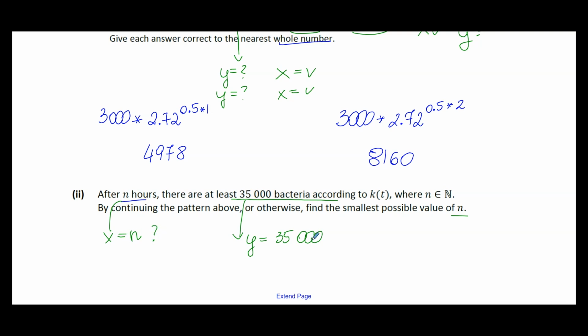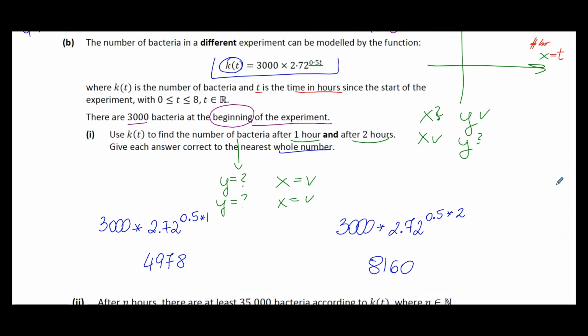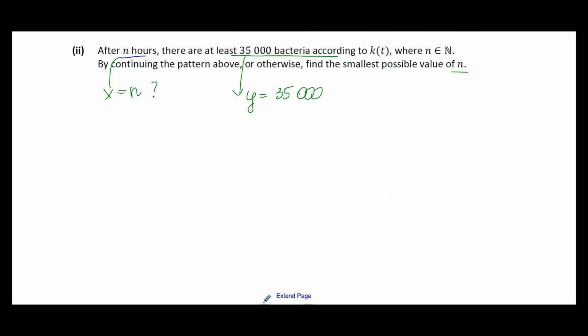Okay, let's do that. Let's replace that. In place of y, we are putting the value of y, which is 35,000. So we are writing 35,000 equals 3,000 multiplied by 2.72 to the power of 0.5n, and that's where we have our n.